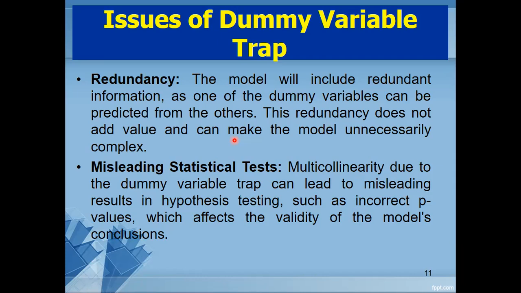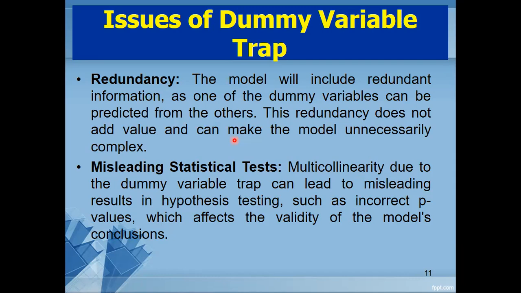At the same time, when multicollinearity and the dummy variable trap are there, you will face redundancy issues, because you have introduced more dummy variables unnecessarily. Since you have assigned more dummy variables unnecessarily, your model will be more complex.